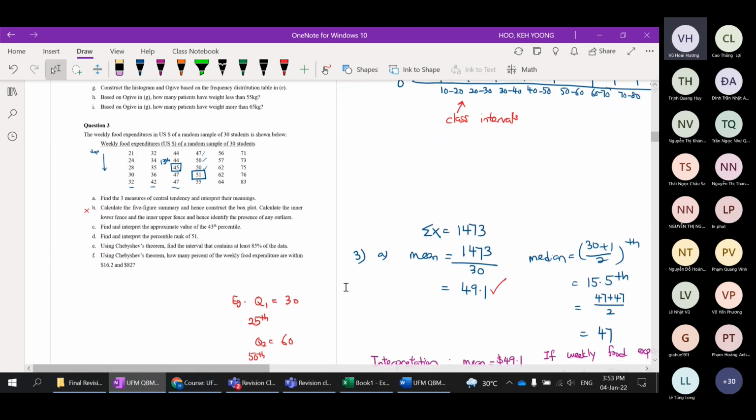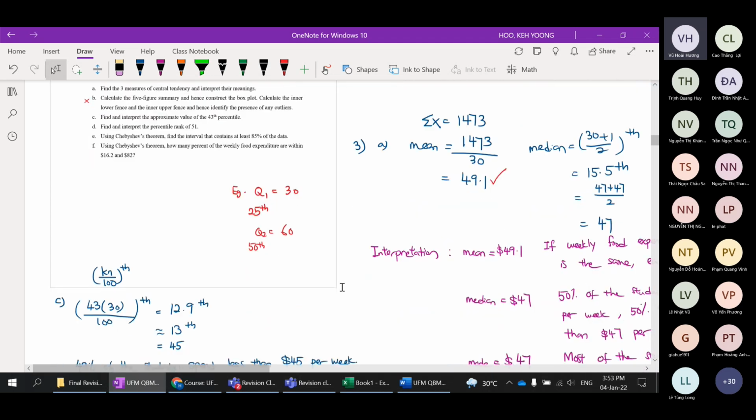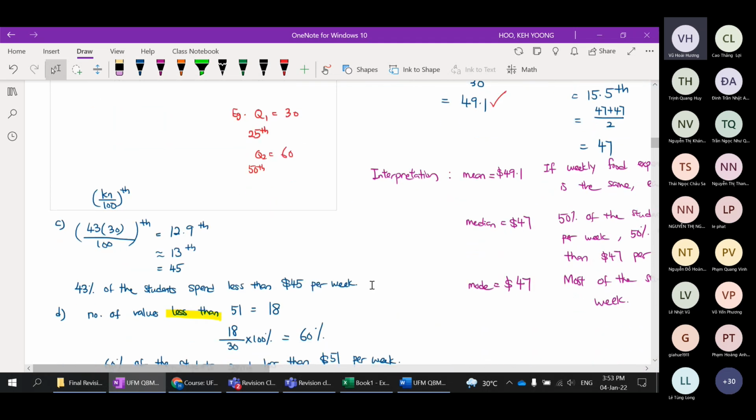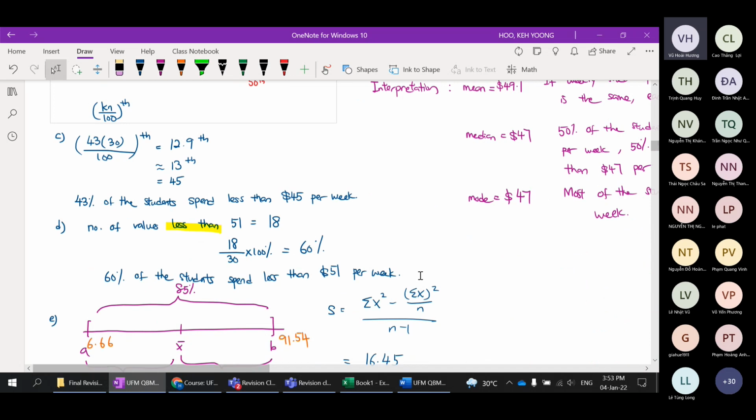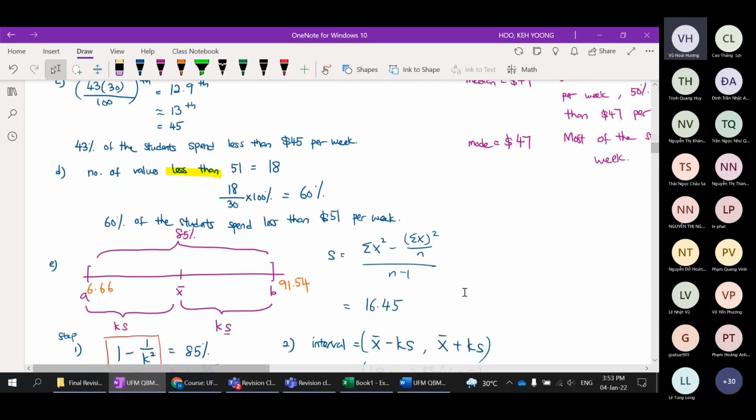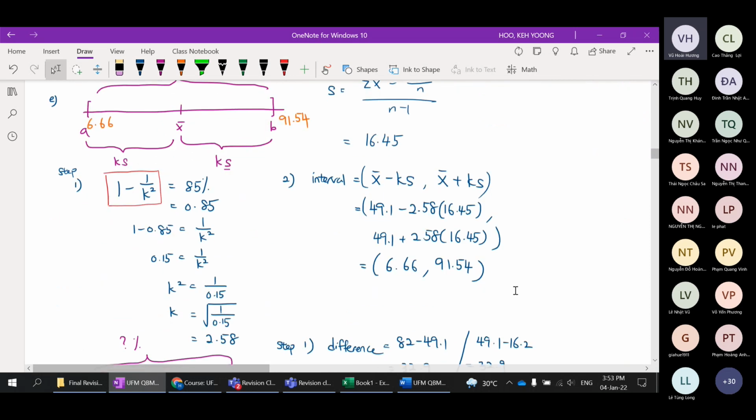Other than that, statistics has 4 modules, and they cover different areas. So you have to identify your weakness. It cannot be that all 4 modules are very weak, right?